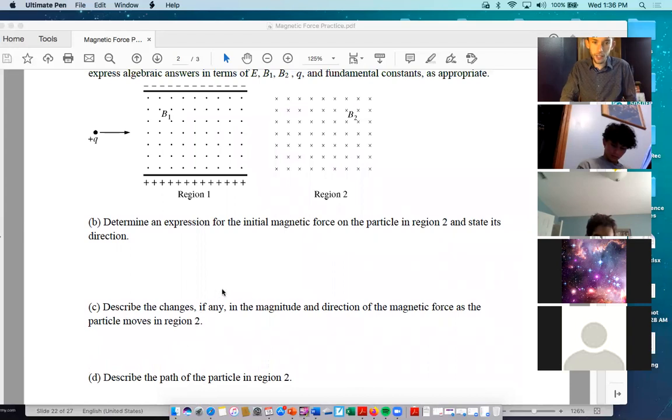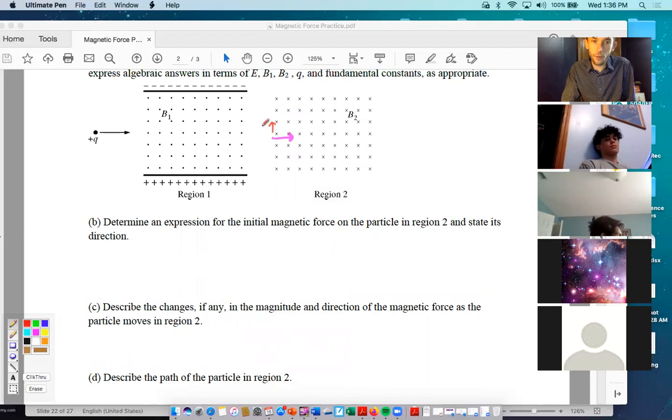Describe the changes in the magnitude and direction of the magnetic force as the particle moves in region 2. This is a really important question. We said that initially the particle has this velocity and the magnetic force is up. So the particle is going to accelerate upward, which means that the next instant, its velocity is the same size but in a different direction.